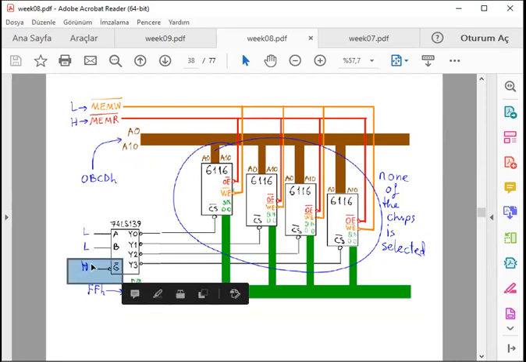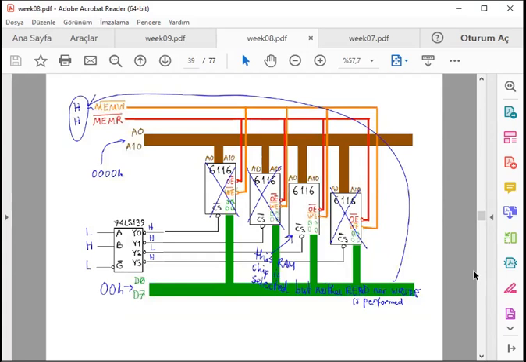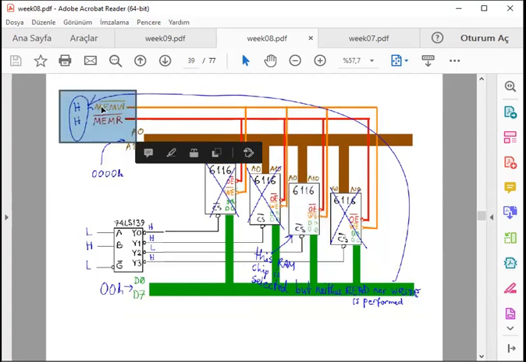This is disabled because enable is high, so whatever these signals are, forget about everything. Neglect them, they are not connected and not in operation. When enable is low, you can select any RAM, like this third one. Then according to the address information, if writing and reading are low, any one of them applies.